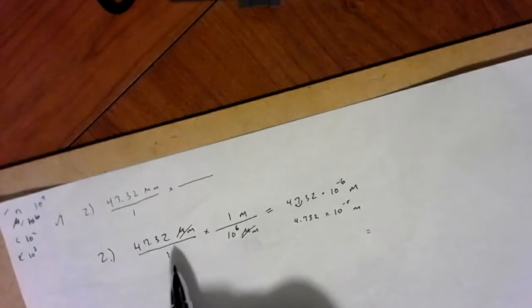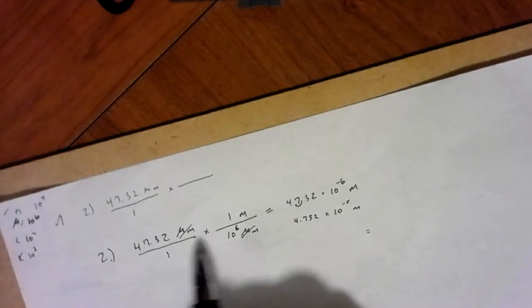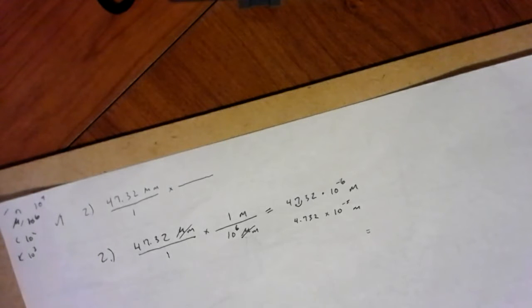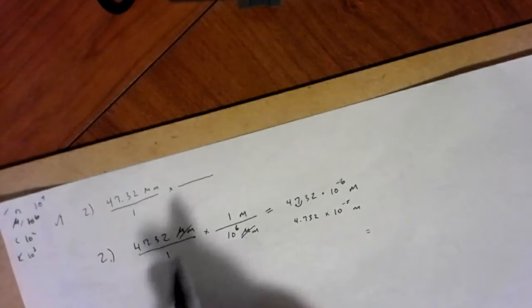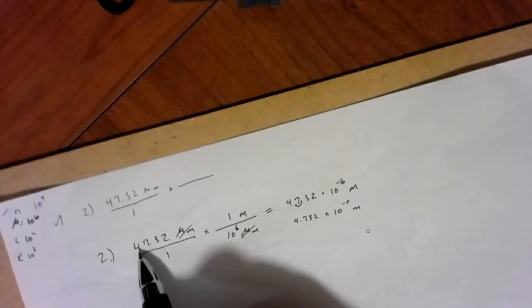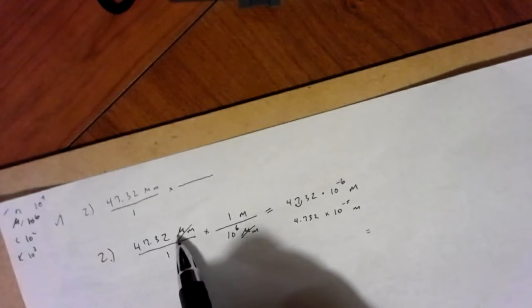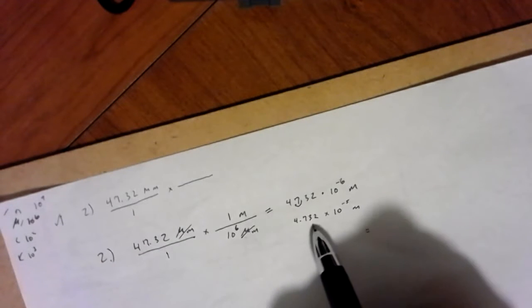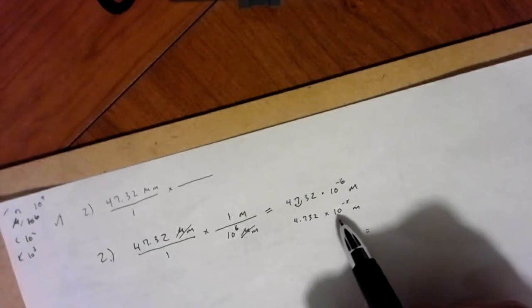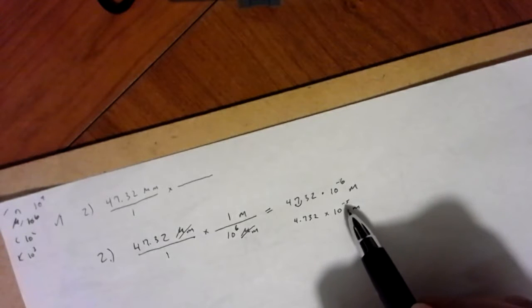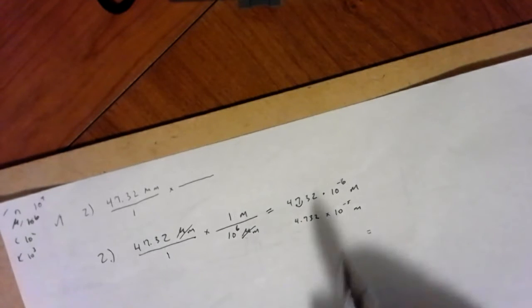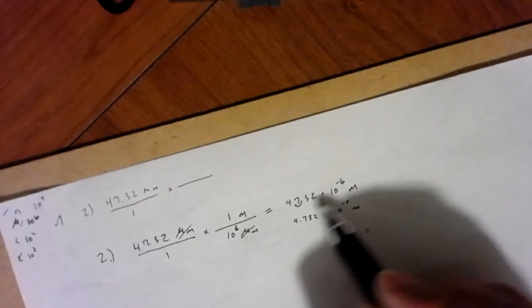And that represents the conversion, right? We've just converted micrometers into meters. So remember, micrometers are super tiny. So 47.32 micrometers is, again, super tiny. So that's why it's got this negative exponent in meters, right? 10 to the power of negative 5. So just be careful with this last step, right?